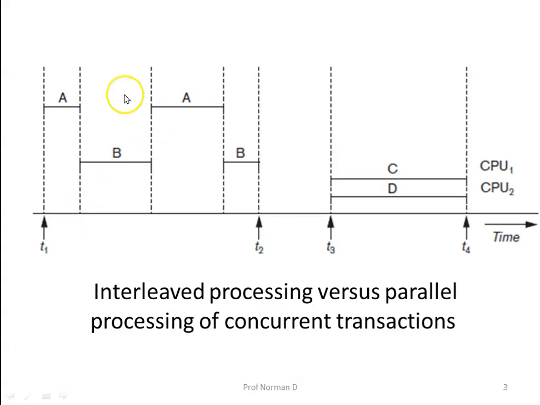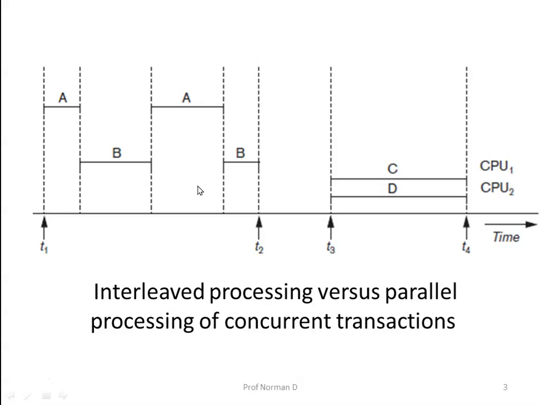You can see this in the figure. It shows two processes, process A and B, executing concurrently in an interleaved fashion. Interleaving keeps the CPU busy when a process requires an input or output operation, such as reading a block from a disk.